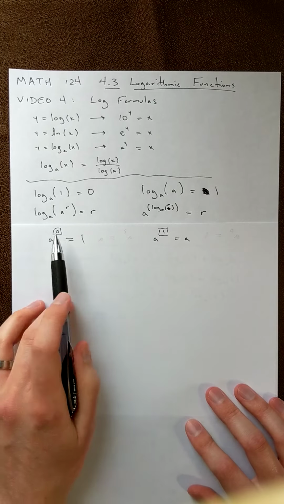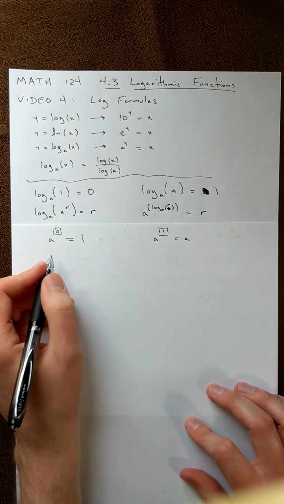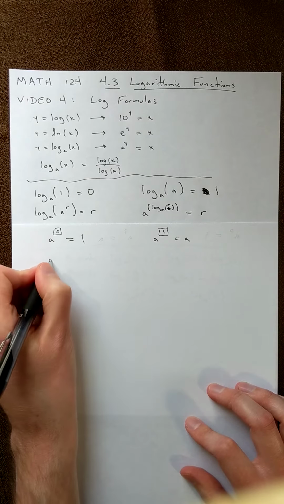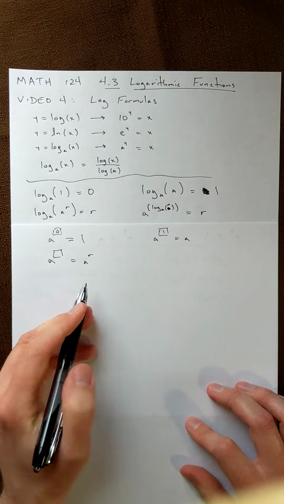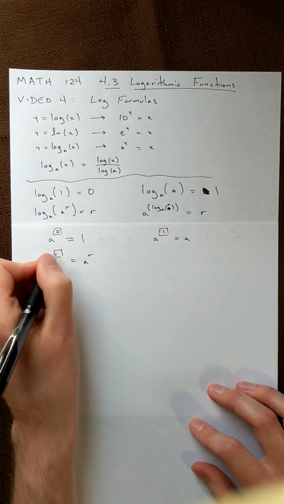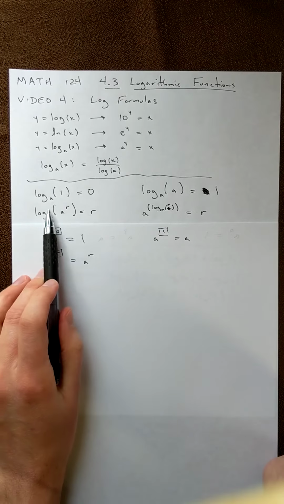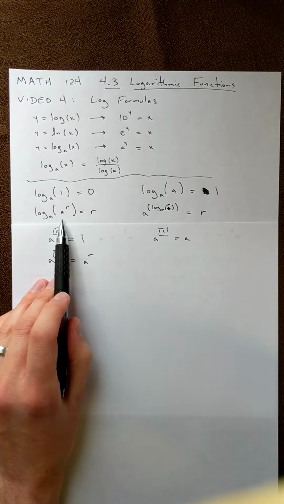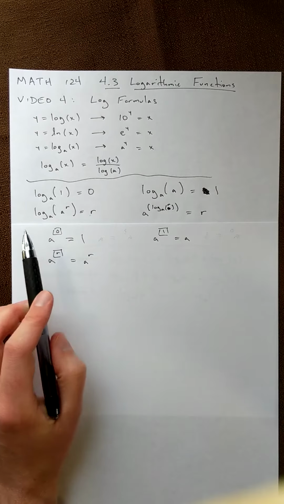Next up, we have a couple of weirder looking ones. This one is not too crazy though. Log base a of a to the r says a to what power spits out a to the r, and your answer is going to be r. So you can think about this formula as saying that a logarithm and an exponential, if they have the same base, are going to kind of cancel each other out.